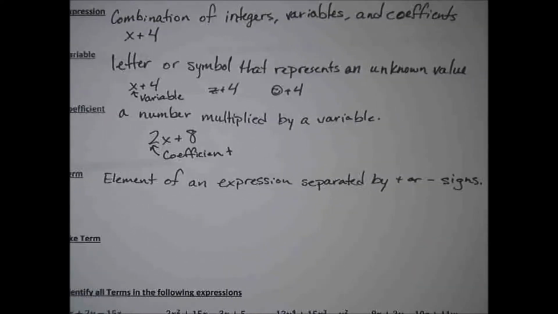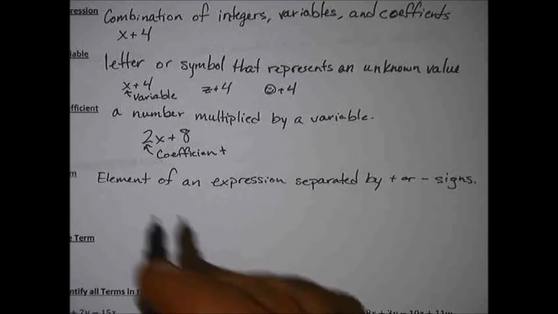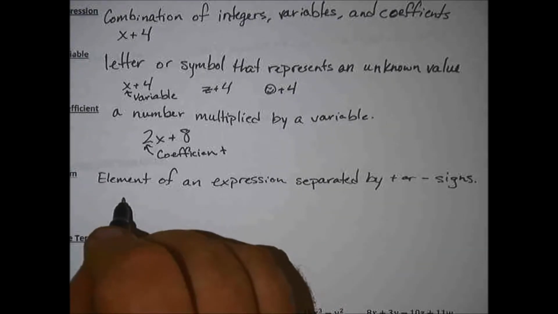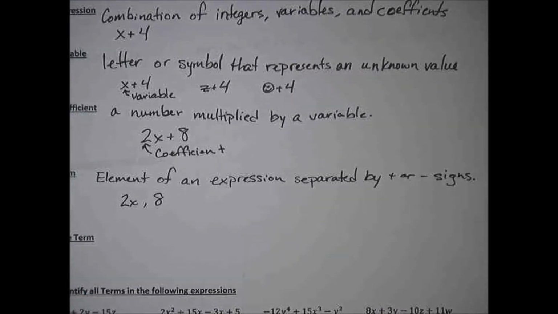Okay, so elements of an expression separated by plus or minus signs. In the example above, 2x would be a term, and 8 would be a term. Now there's no variable on 8. It doesn't really matter.